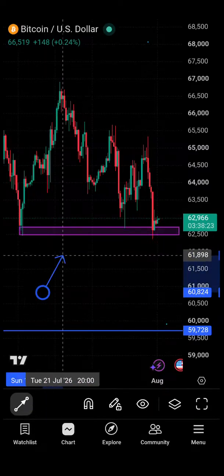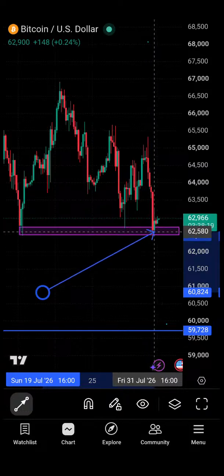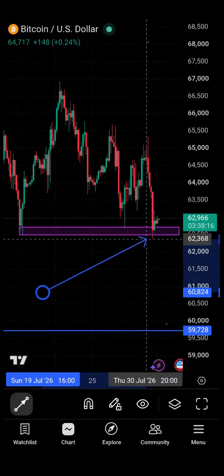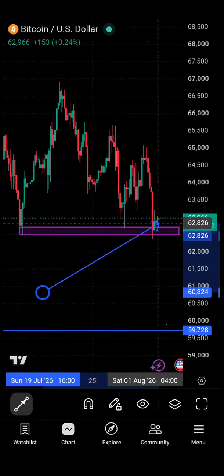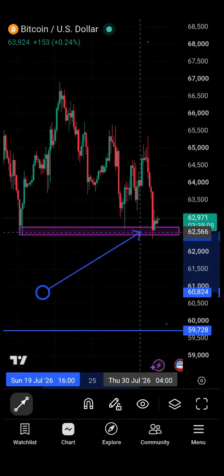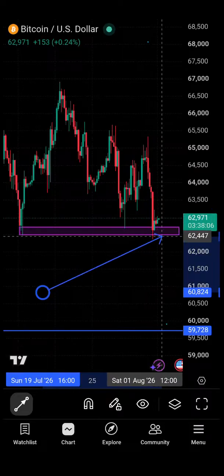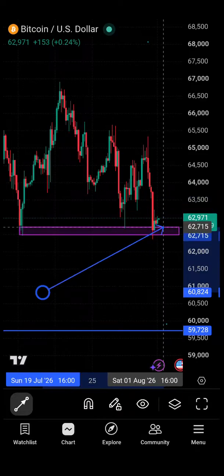We've seen it here, and we're expecting the very same thing here. But for us to know that it will push towards the upside from here, we need to look for confirmation, whether it is going to the upside or not.